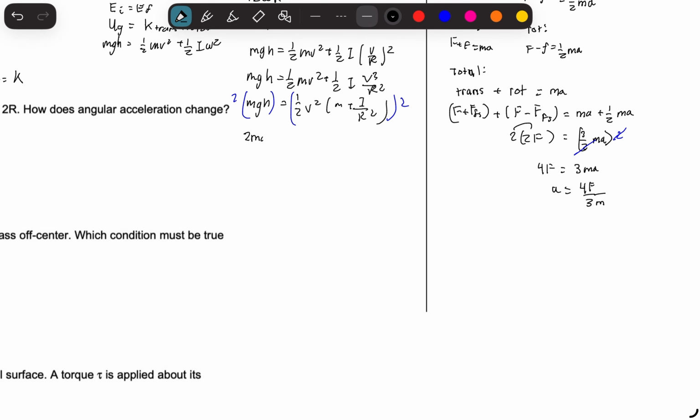So now you have 2 mgh. Then we want to solve for v squared.